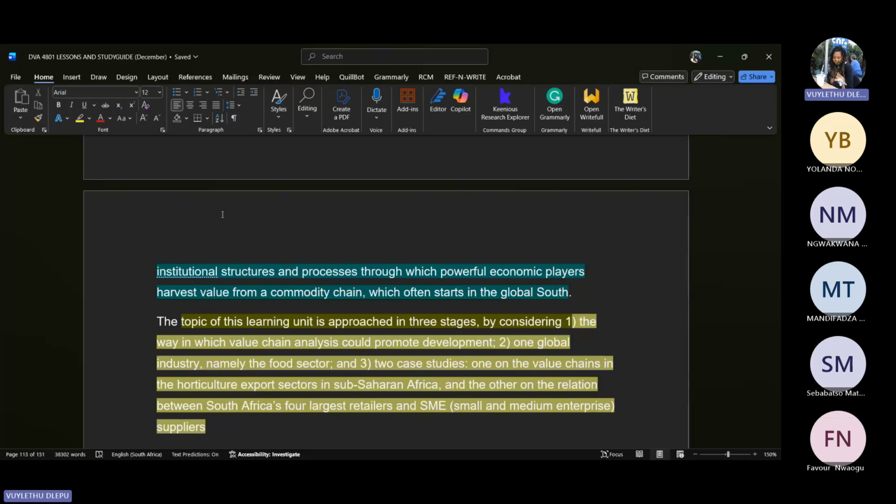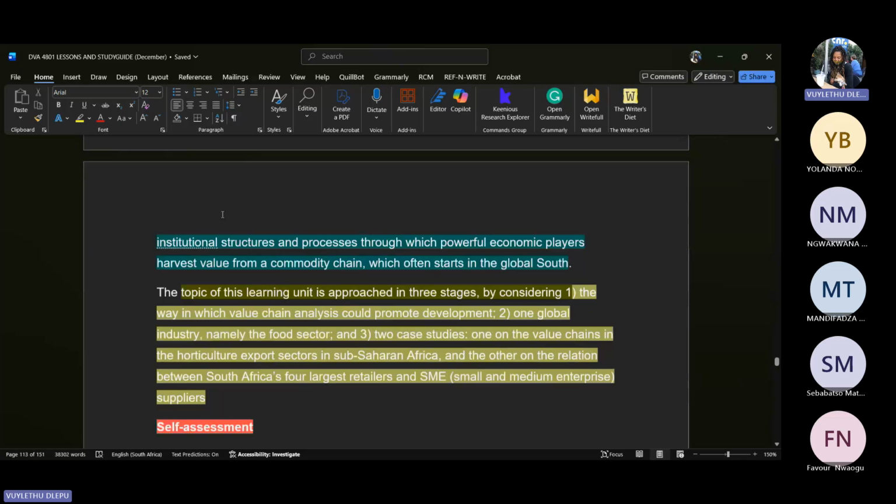The topic of learning this unit is approached in 3 stages by considering 1, the way in which value chain analysis could promote development, 2, one global industry, namely the food sector, and the third is 2 case studies, one on the value chains in the horticulture export sectors in sub-Saharan Africa, and the other on the relationship between South Africa's 4 largest retailers and SMEs.